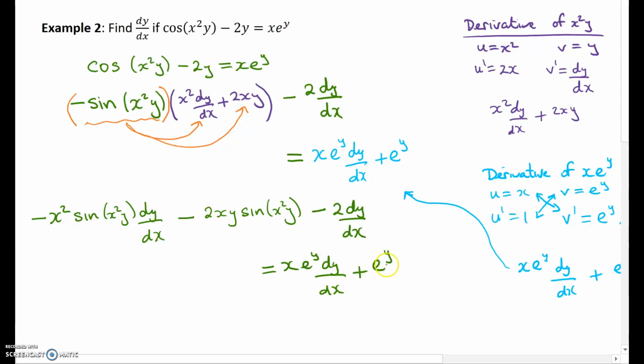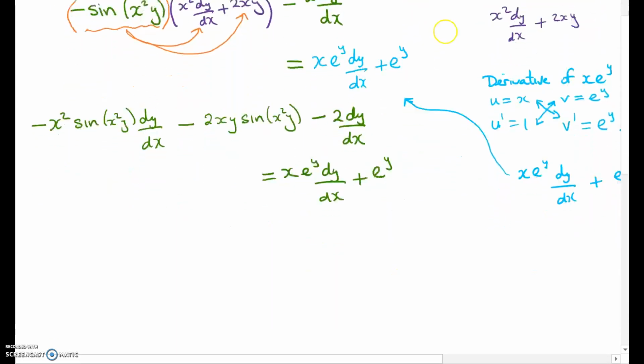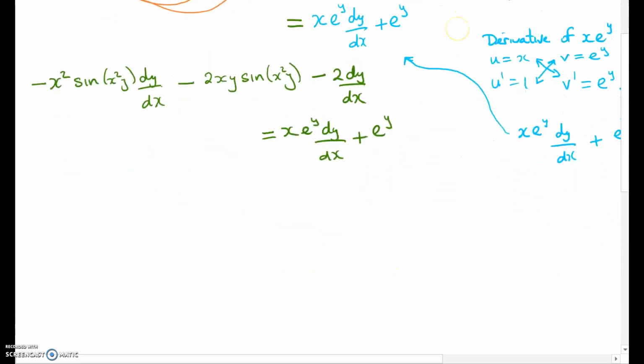Now this is probably a little bit more complicated than any function we've been used to looking at in the past, so you have to go slowly here and just take your time.